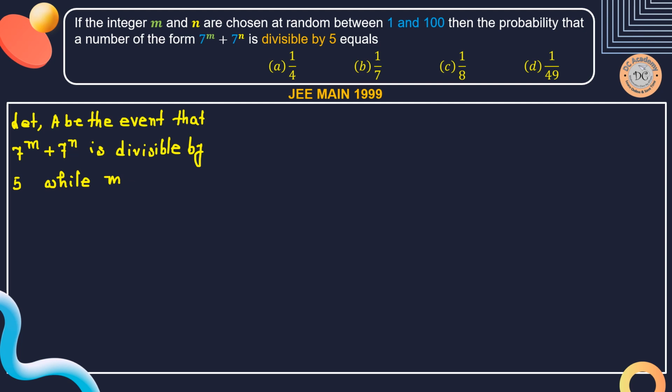Let's write it down properly: m, n belong to the set 1, 2, and so on up to 100 only. Okay, that's it.